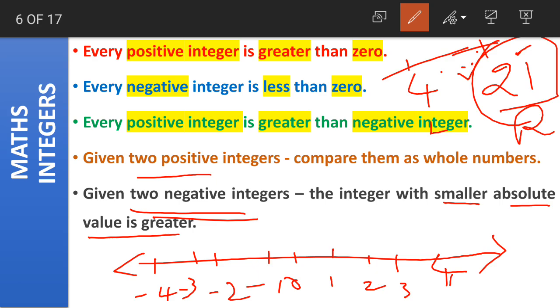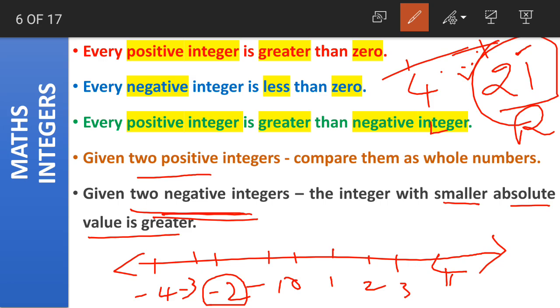In negative integers, the number which has smaller absolute value is greater. Again, what did I say about absolute value? The absolute value of -2 is 2. The number we get after removing the sign is called the absolute value. Two negative integers, the integer with smaller absolute value is greater.